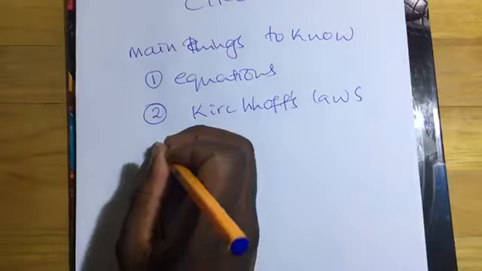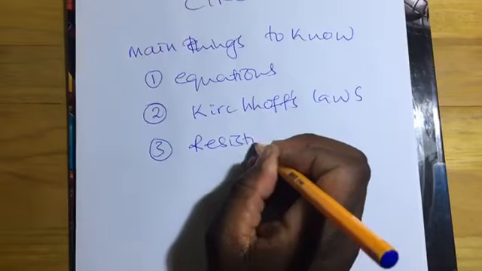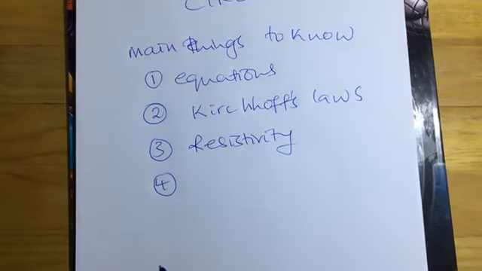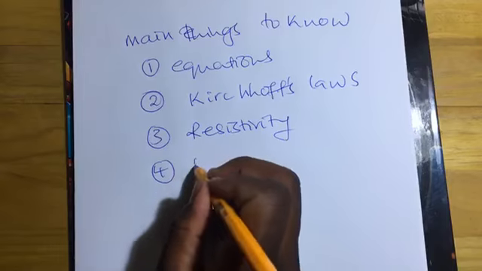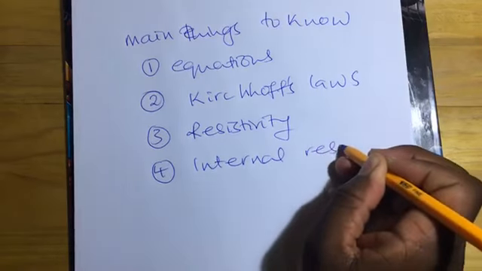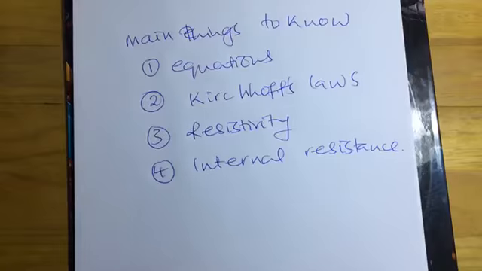Number three, you may need to know something about resistivity. Number four, you may need to know something about internal resistance. Once you know these, at least you're set for any basic question that they may set for you.